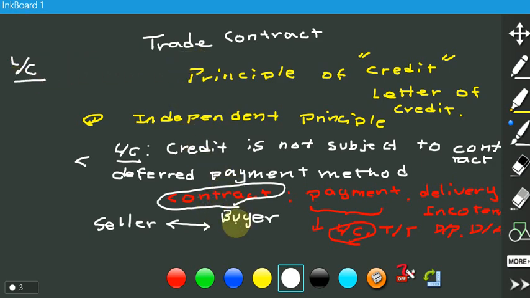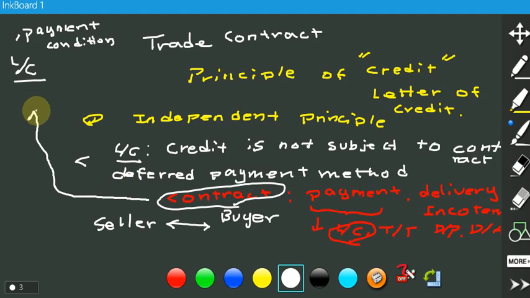As I told you, mostly the letter of credit is one of the payment conditions, right? This is the payment condition, also in the contract. Mostly, on the basis of the content of a contract, you will open a letter of credit here, right?